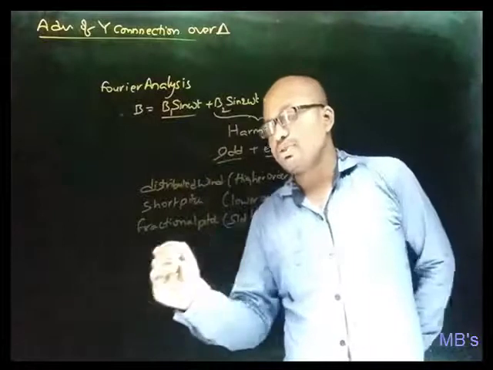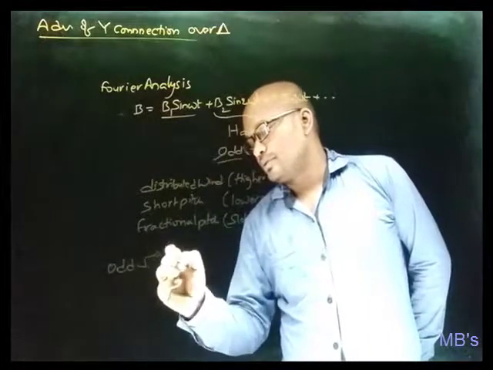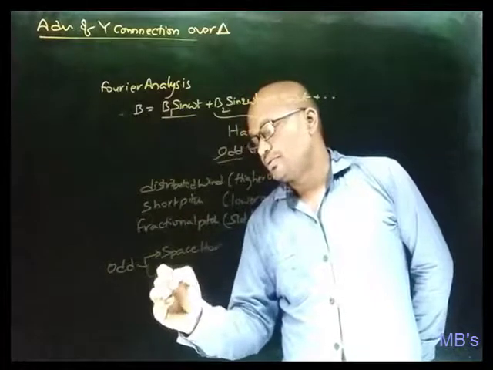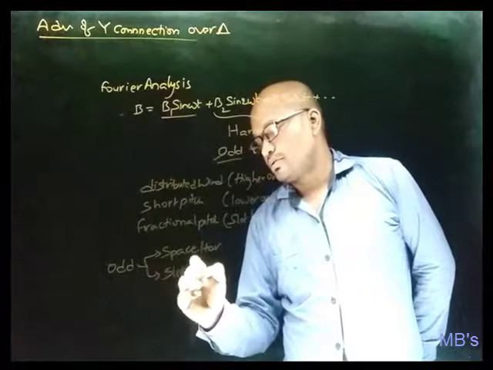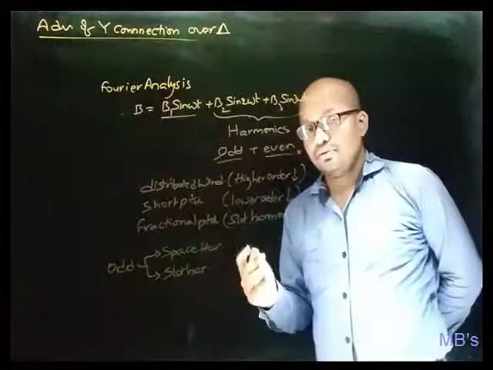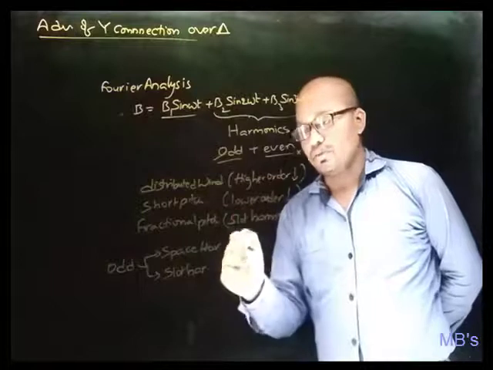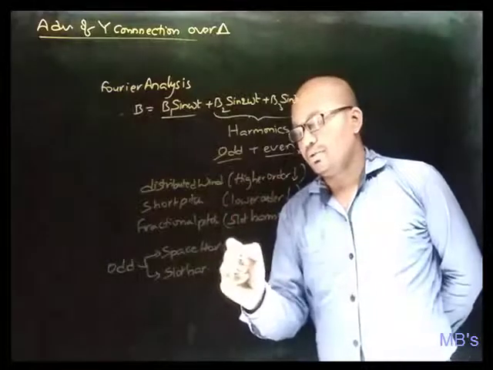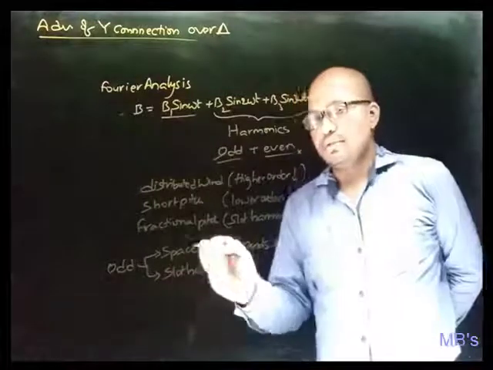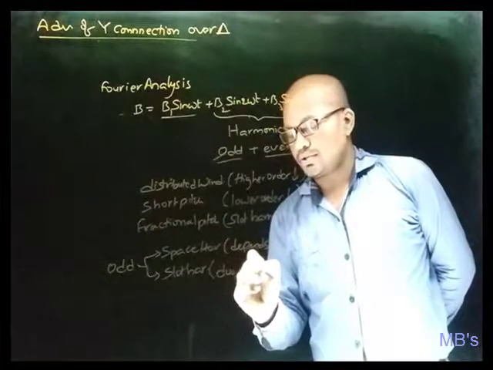The odd harmonics we classified as space harmonics and slot harmonics. Space harmonics are because of the maximum flux densities present at the center of the poles, so they depend on the poles. Whereas slot harmonics are due to stator slots.